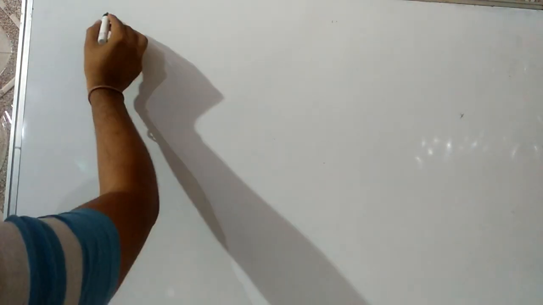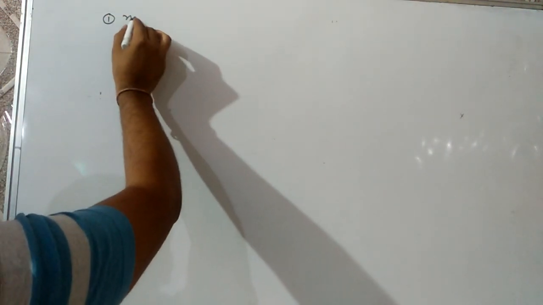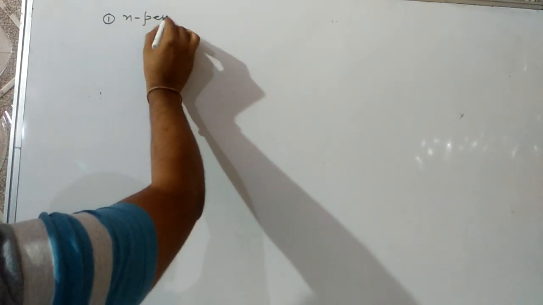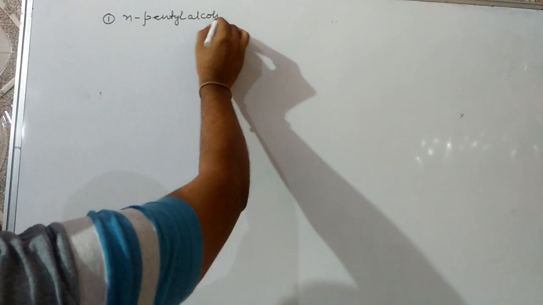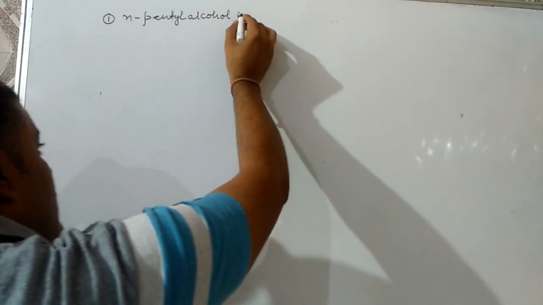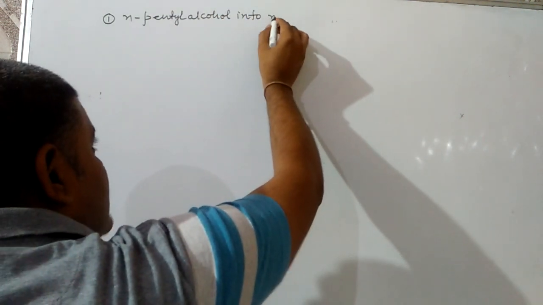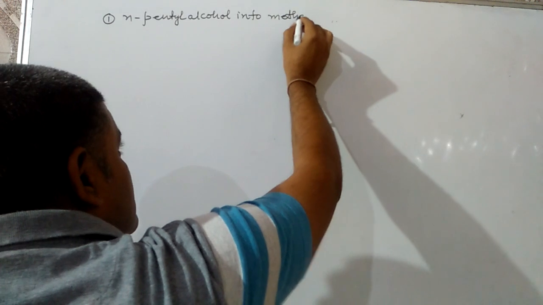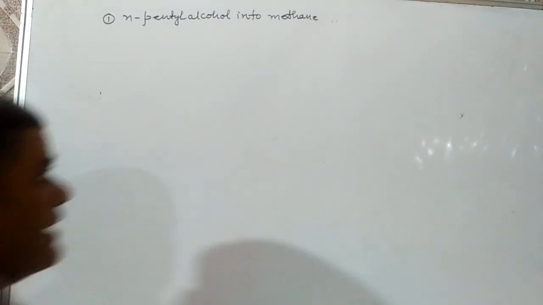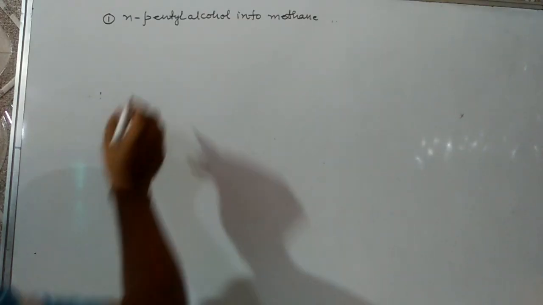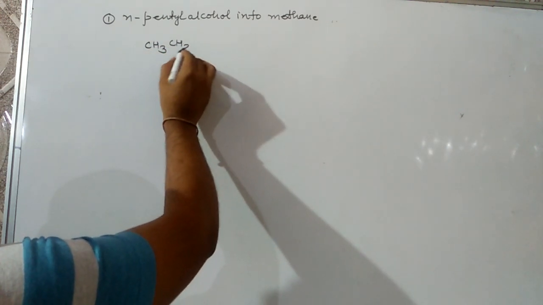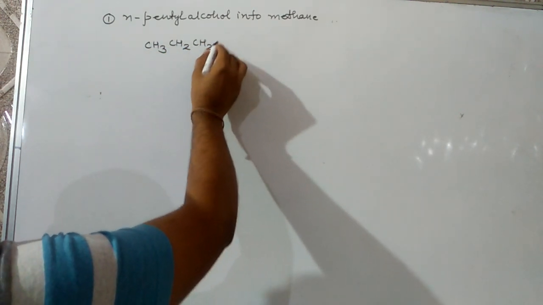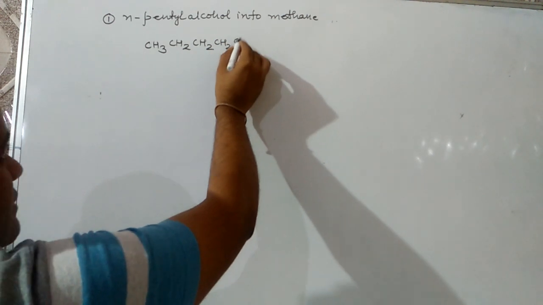First conversion: convert normal pentyl alcohol into methane. As we know, pentyl means 5 carbon atoms, but we have to convert it into an alkane with 1 carbon.